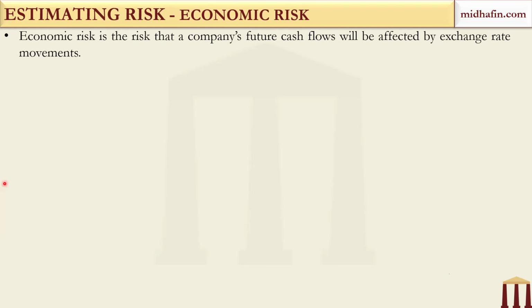So basically, there is a difference. When we were talking about transaction risk, we were talking about a short-term risk, and it was affecting specific financial transactions. But economic risk is much broader and has a more strategic impact. So they are not the same, they are very different.